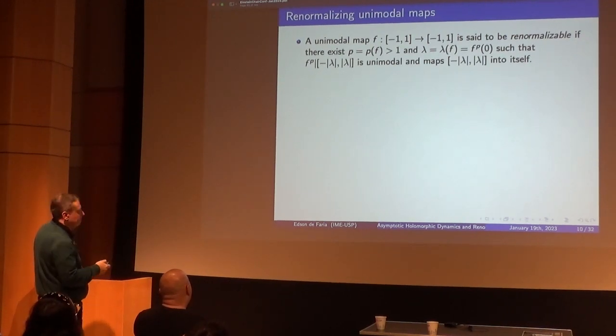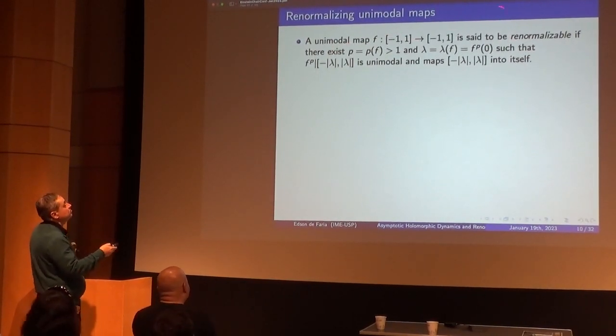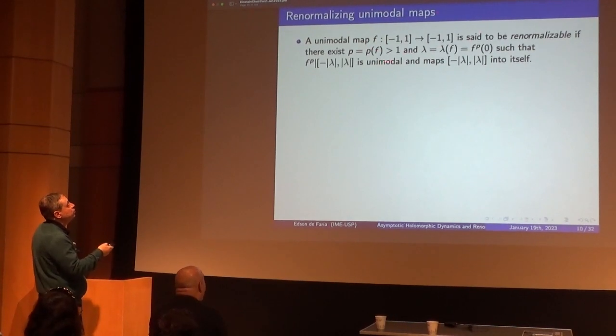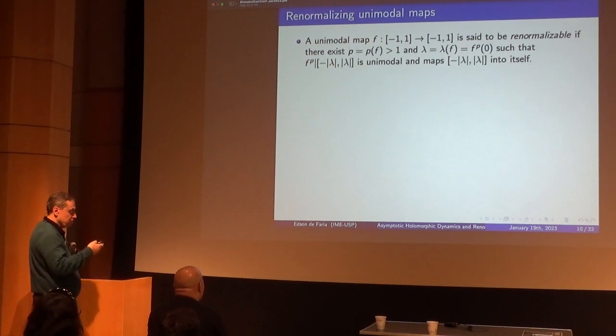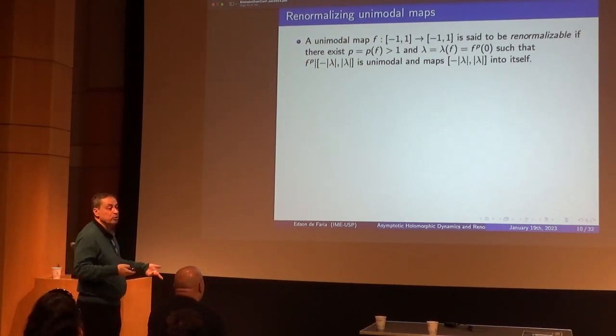Like I said before, renormalizing a map, let's say a map in dimension 1 now, a unimodal map. Let's say we have a unimodal map with a critical point at 0. You can even think of it as being a symmetric map about 0. Such a map is said to be renormalizable if you can find some little neighborhood of the origin which returns after a certain number of iterates to itself, and when you look at the return map, it is again unimodal.